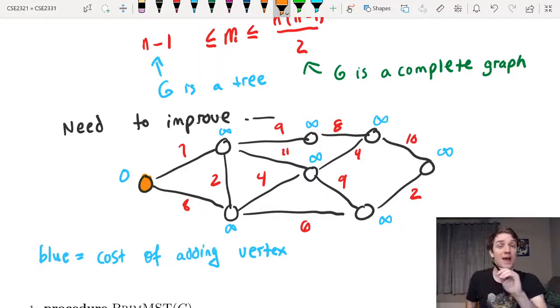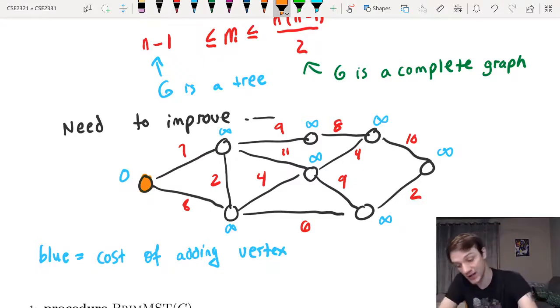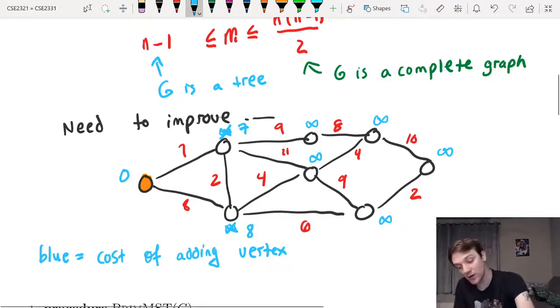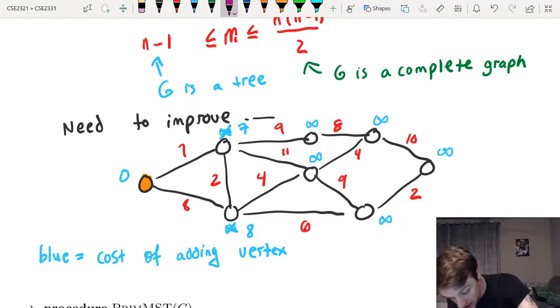So once we've added that, we're going to look over every single one of its edges and update the cost of adding those nodes. So I'm going to update the cost of the 2 adjacent nodes here. The top node has a cost of 7, because I could add it using that edge 7. And the bottom one has a cost of 8, because I could add it using that edge 8. And what I'm going to store is how it costs that much.